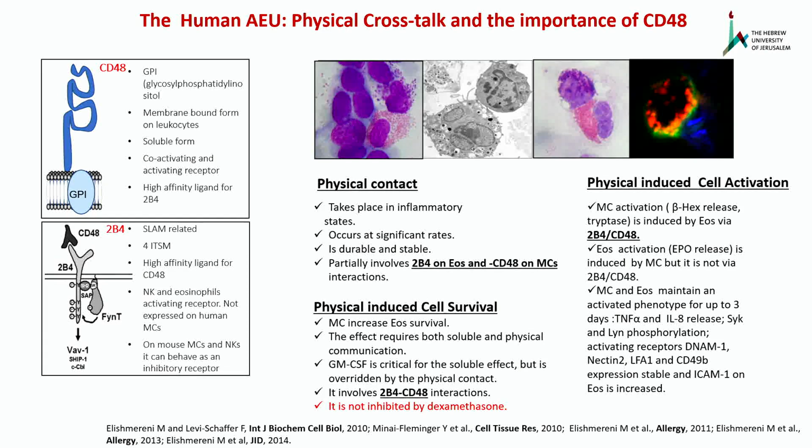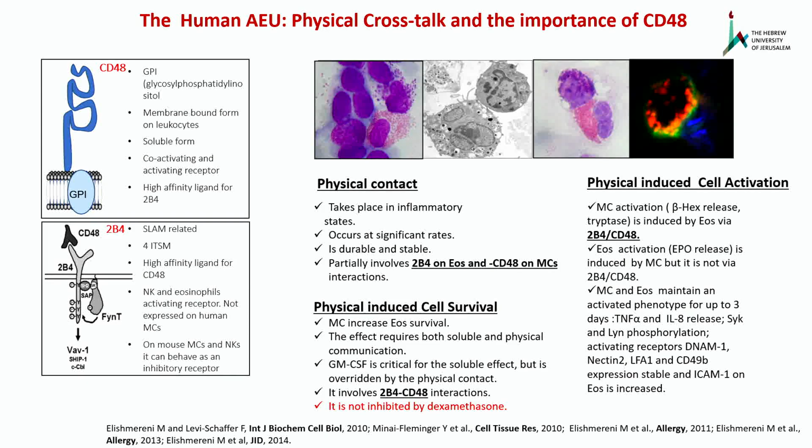It shows that muscle and eosinophil are forming units very fast in a durable way, and this ligand receptor couple is number one responsible for this physical contact. Importantly, the physical contact was shown to induce eosinophil survival.